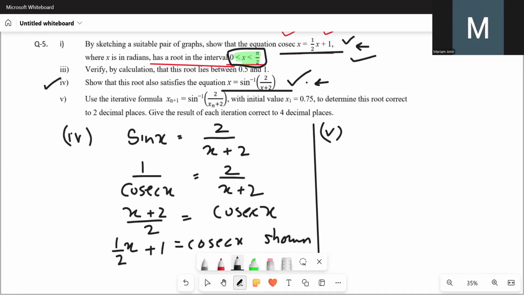Next part is use the iterative formula with an initial value of x1 equals 0.75 to determine this root correct to 2 decimal places. Give the result of each iteration correct to 4 decimal places. So x1 equals 0.75. In the calculator, you're going to press 0.75 and then press equals so that the answer key stores this value.